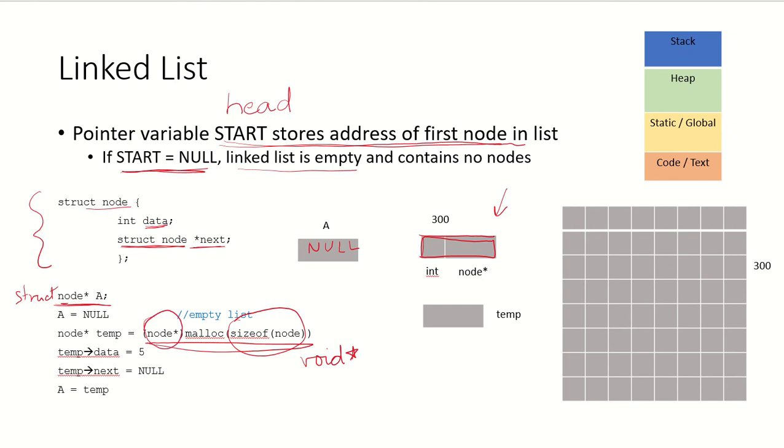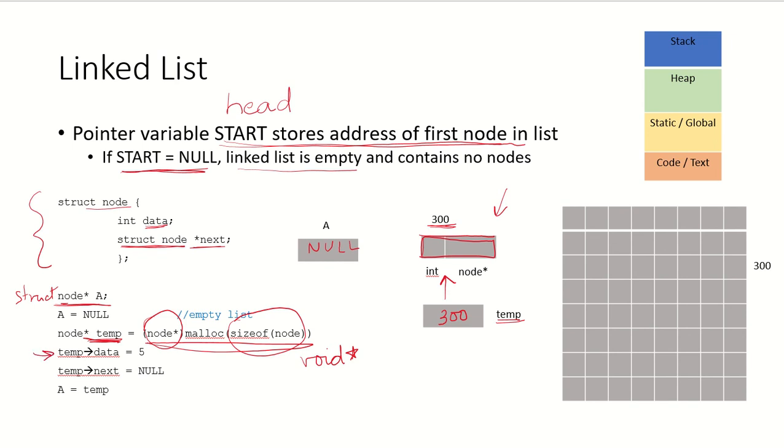So we do a typecasting and say this is a node pointer, and collect the address of the new node in another struct node pointer temp. So suppose this node was created at address 300, then this address would be collected in temp. So this temp is now pointing to this new node which has been created.